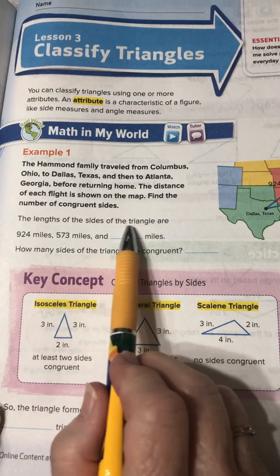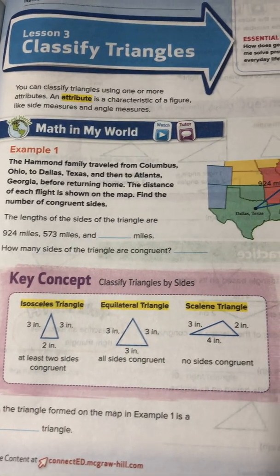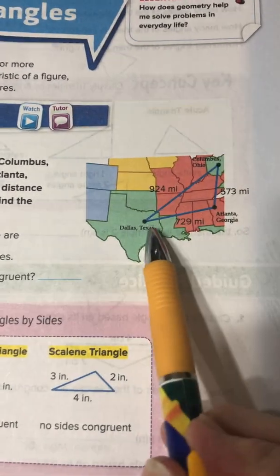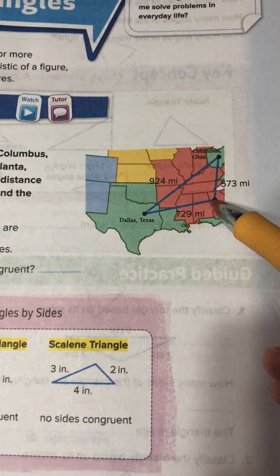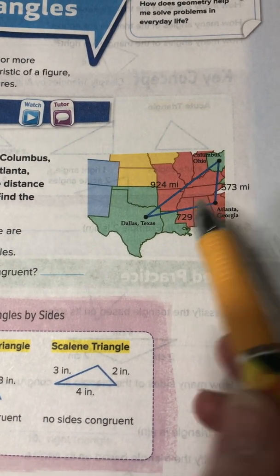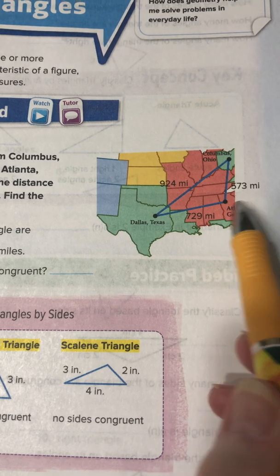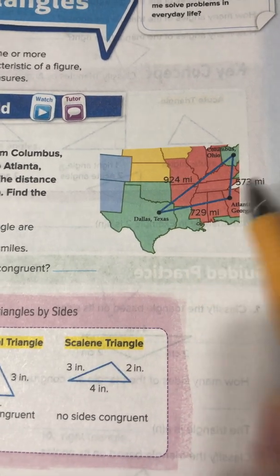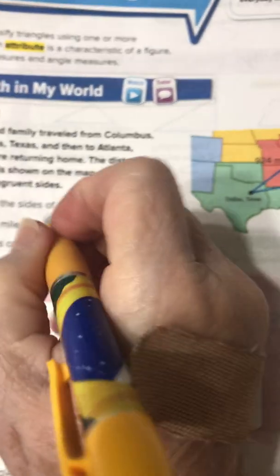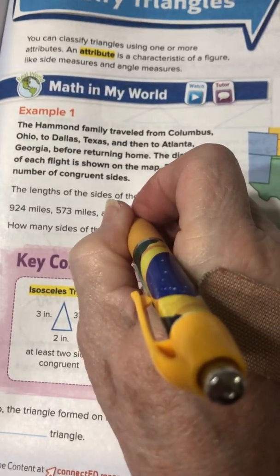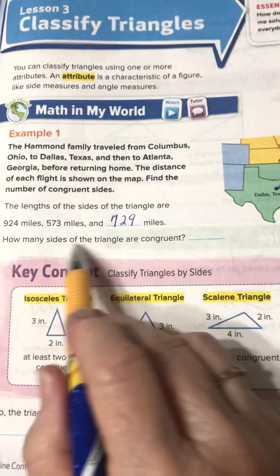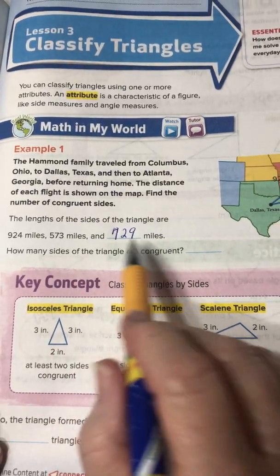The length of the sides of the triangle are 924 miles, 573 miles, and from Dallas to Atlanta is 729 miles. How many sides of the triangle are congruent?